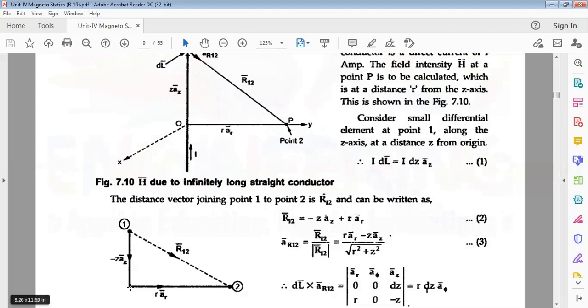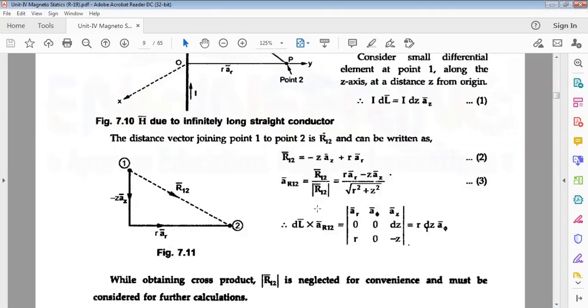So R12 bar has two components: minus z into a_z bar plus r into a_r bar. The unit vector a_R12 bar is R12 bar divided by its magnitude, which is the square root of r squared plus z squared, so it is r into a_r bar minus z into a_z bar.